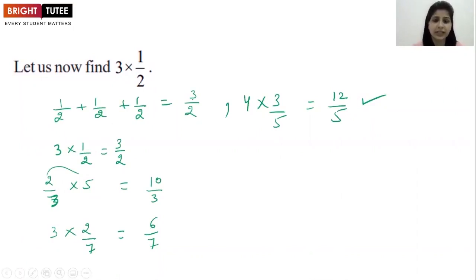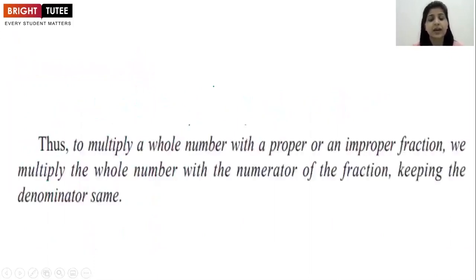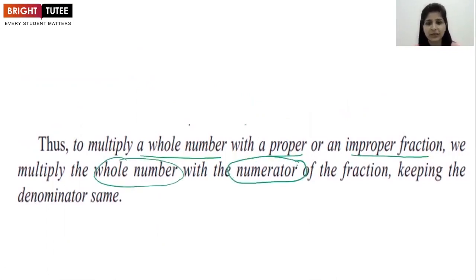The conclusion is, to multiply a whole number with a proper or an improper fraction, we multiply the whole number with the numerator. That's what we have been doing in the previous examples.